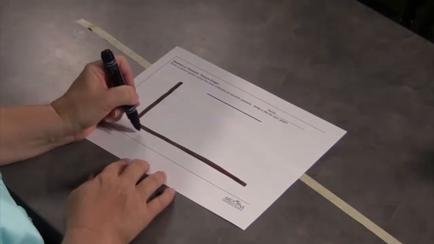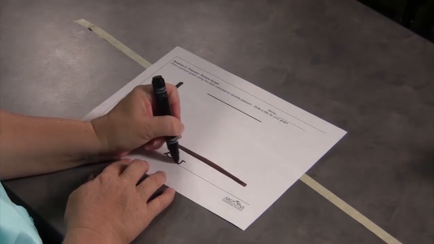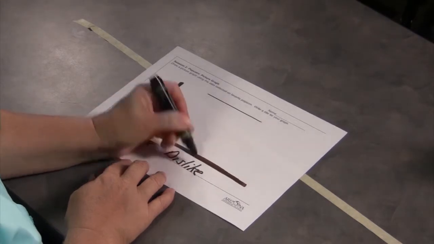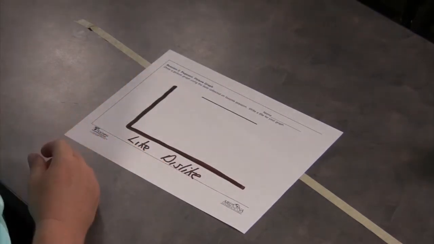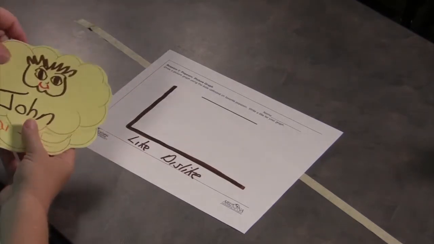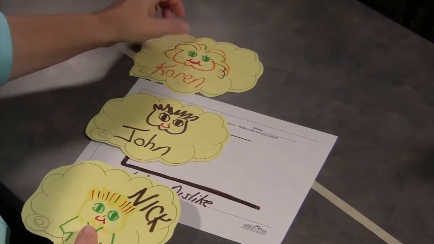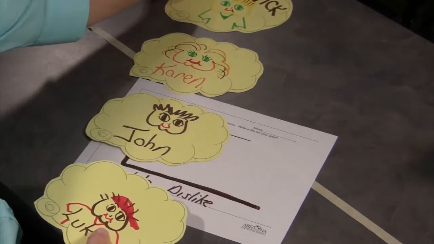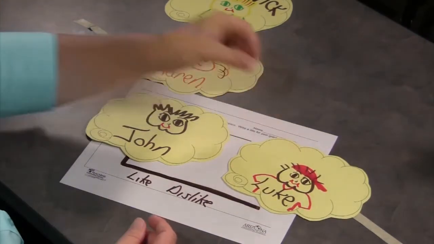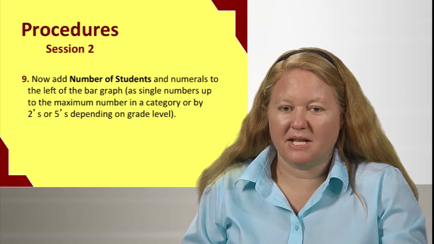Then you will write like and dislike. And you'll ask the students whether they like popcorn or not. You will take their individual popcorn pieces and create a pictograph on whether they like or dislike popcorn. So you have a large class chart going up on the whiteboard.